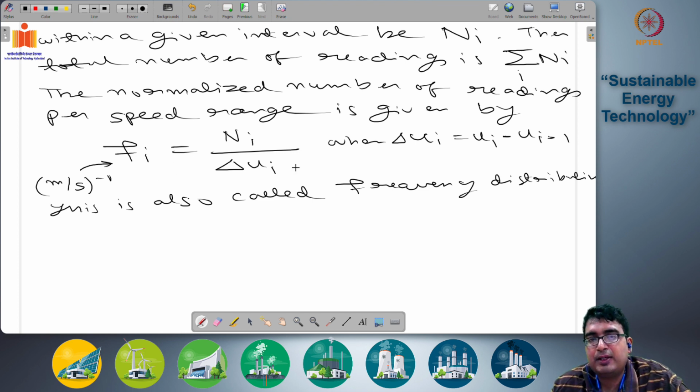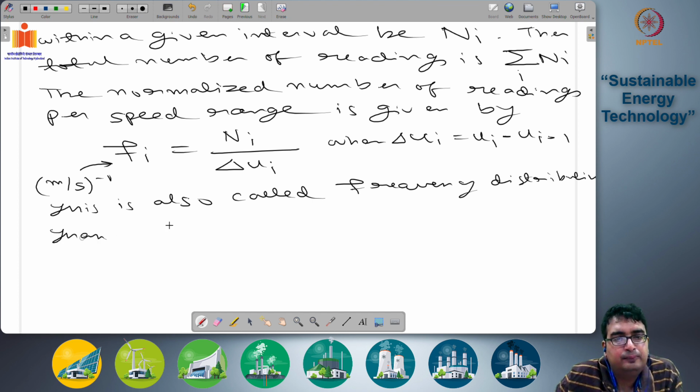So we are doing this because in many cases the interval width may be different. So initially maybe you are doing 2 meters per second, then somewhere in between you are doing 1 meter per second, and then again you are doing say 3 meters per second. So if the delta Ui value is different for different intervals i, then this helps to normalize the number of readings per interval.